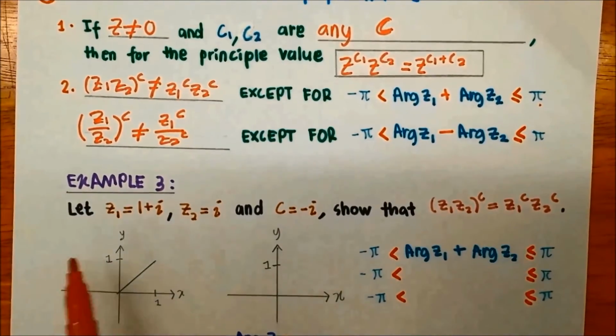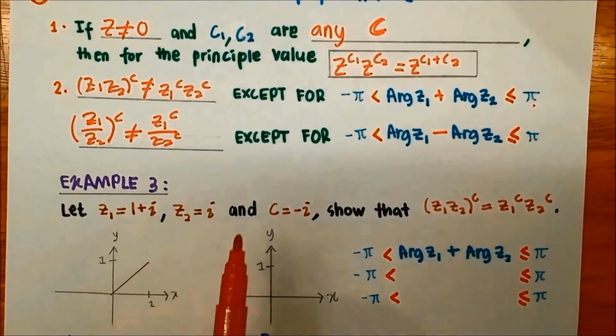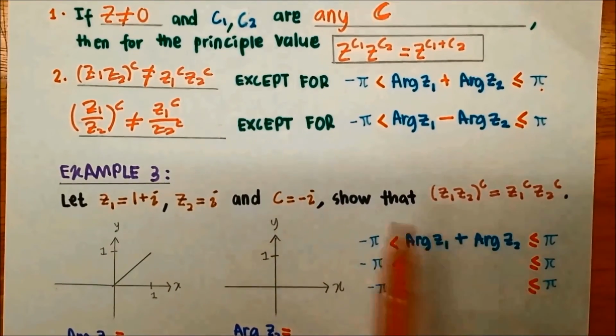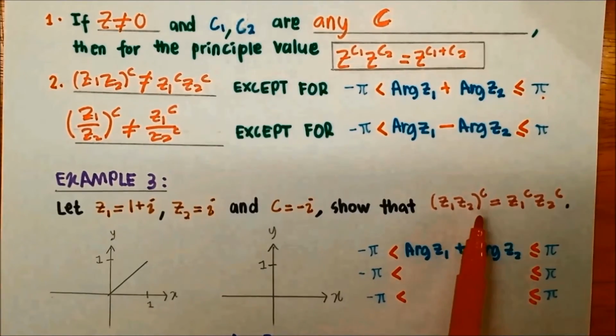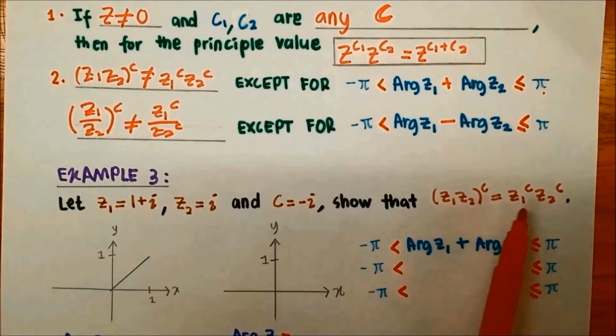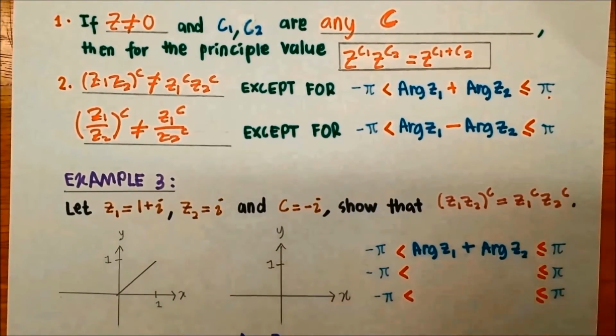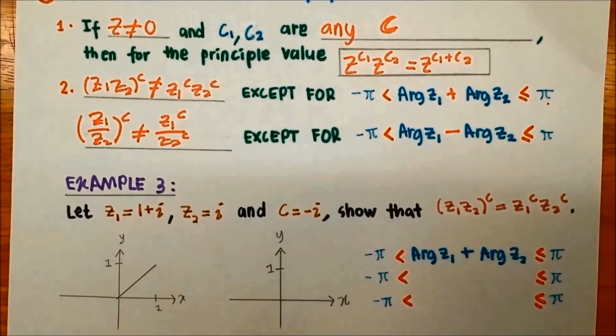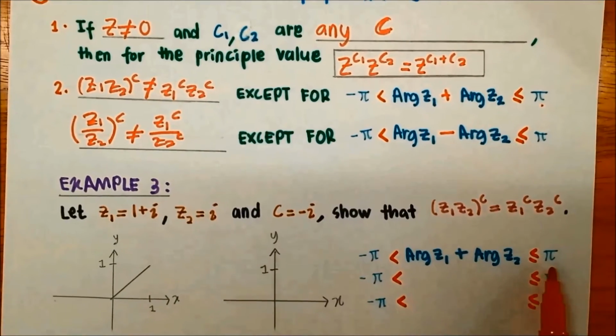Example 3. Let z1 equal to 1 plus i, z2 is equal to i, and c is negative i. Show that z1 times z2 to the power of c is equal to z1 to the power of c times z2 to the power of c. First, we must find the argument of z1 and z2 to check this condition.